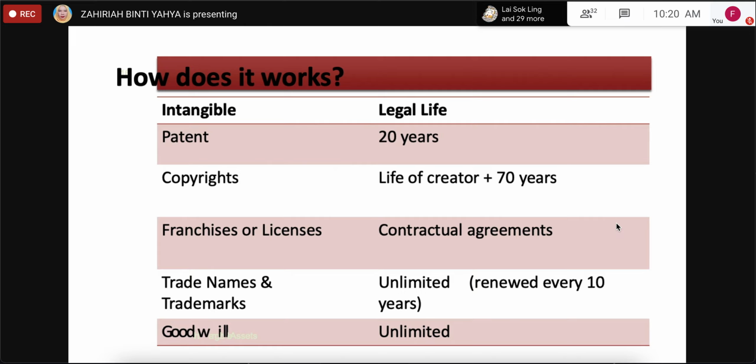Pada fikiran you all lah, in your opinion, which one is riskier? More risk? Intangible or tangible?